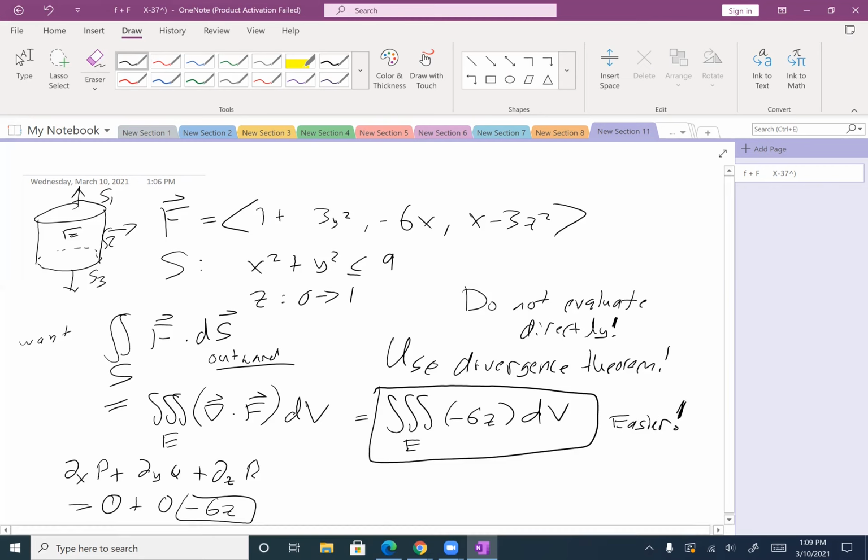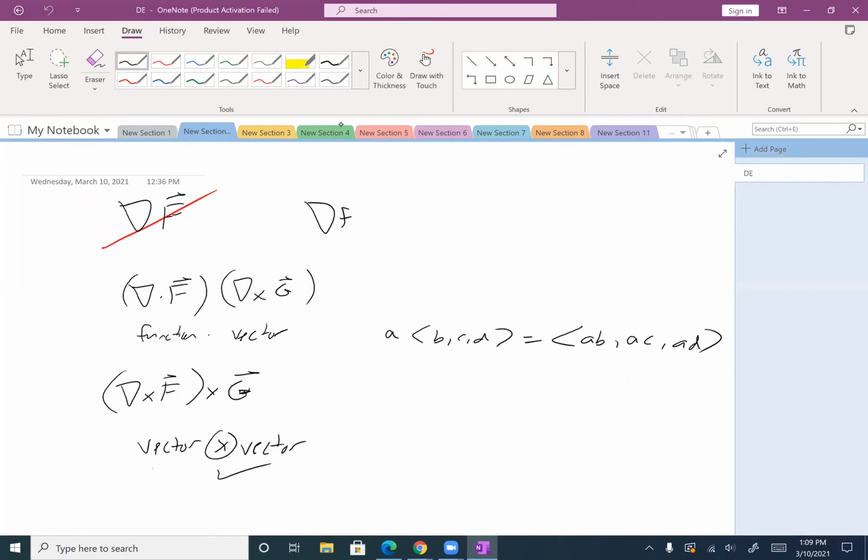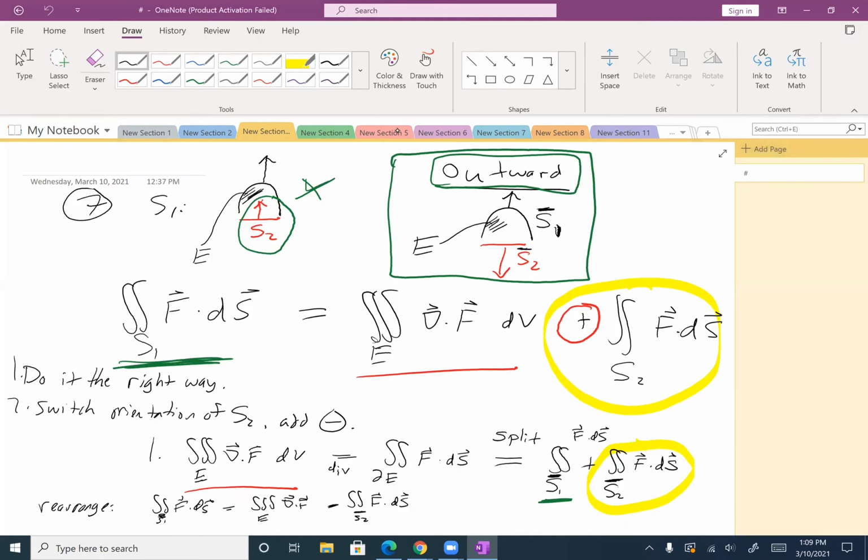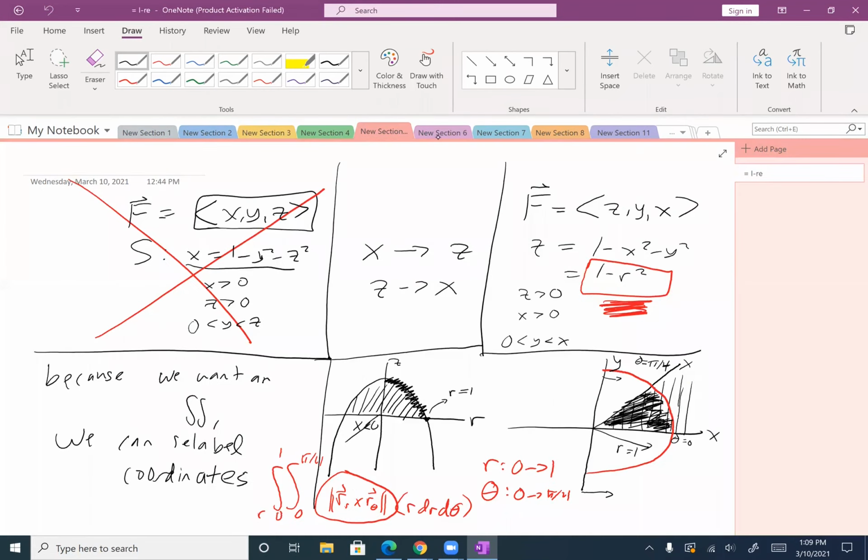Okay. But you'll notice that I actually said, where did I say this? I said this somewhere. Yeah, okay, I said it here. So the reason I said it in this problem is because, again, the boundary is bad.